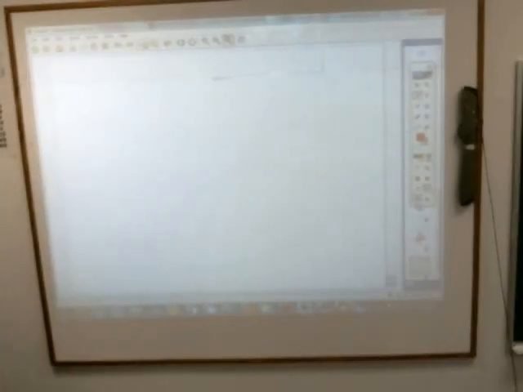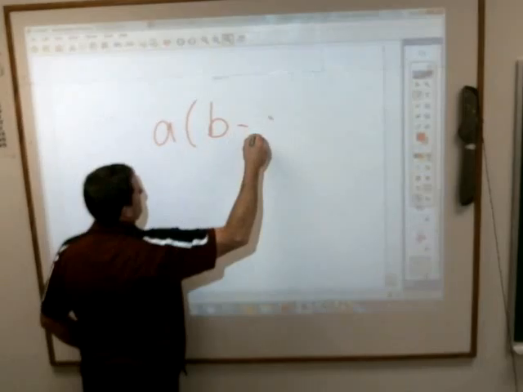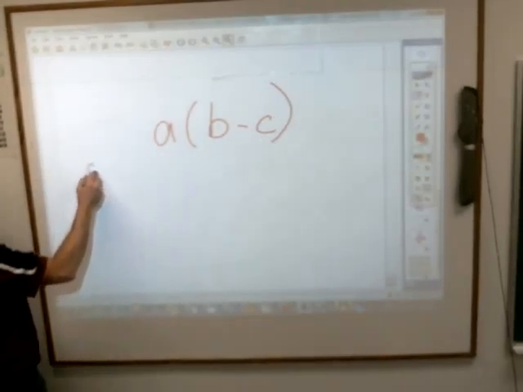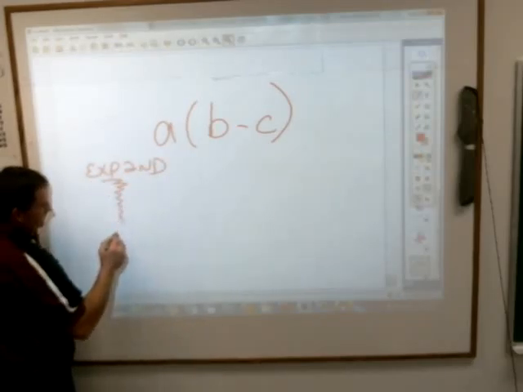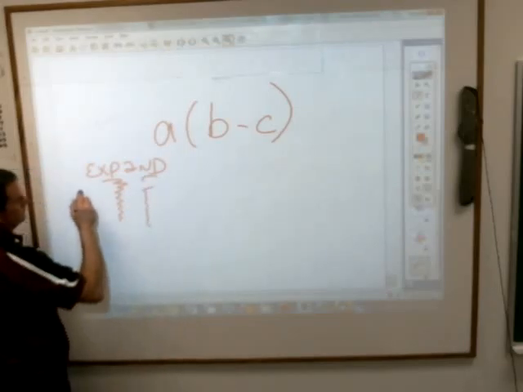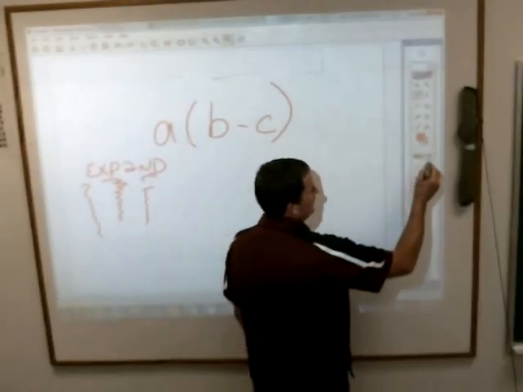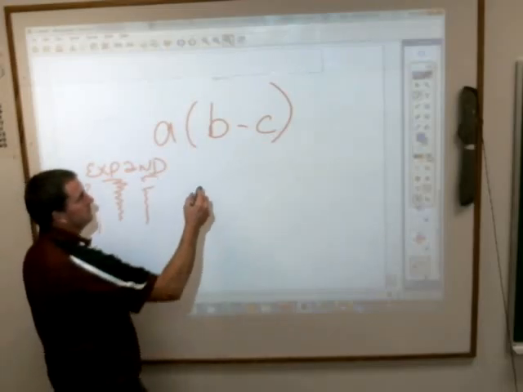How about this one? A times in parentheses B minus C. And again, the book will say expand. A times in parentheses B minus C. Ava says it's probably AB minus AC.